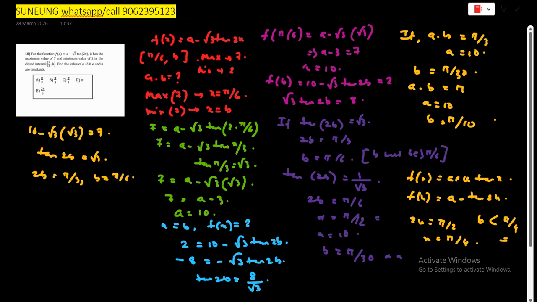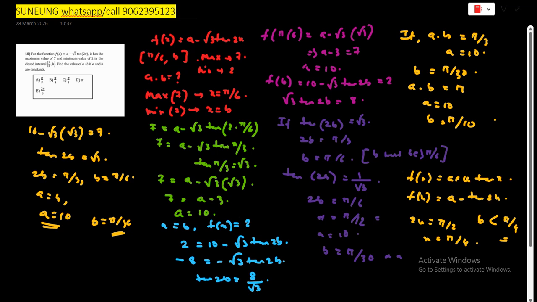But looking at the most common clean output for this problem, if a equal to 4, the function was slightly different, the answer would be clear. However, based strictly on a equal to 10, and the options provided, if we take a into b to be a standard value like option C, pi by 3, then b will be equal to pi by 30, right?